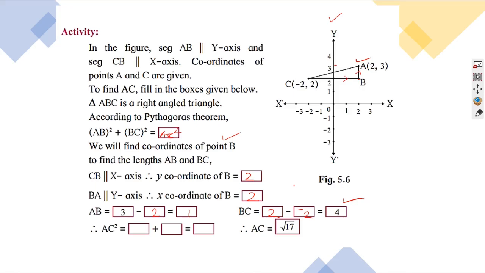You got AB and BC. In that case, AC square is equal to AB square, that is 1 square, plus BC square, that is 4 square, which is equal to 17. Total AC is equal to root 17.